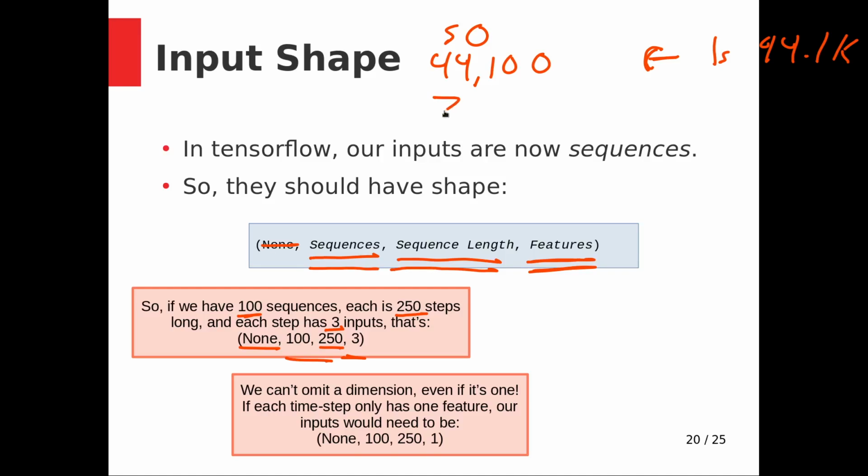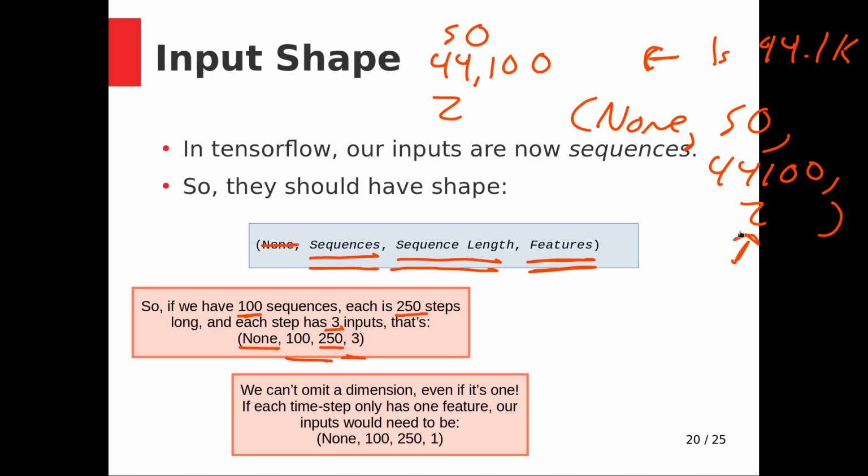And if they were 2-channel stereo, then my shape would be the optional None, 50, 44100, 2: 2 inputs or features in each time step, 44,100 time steps per sequence, 50 sequences or sounds. And then this optional None as the batching dimension in case we want to batch train this later.